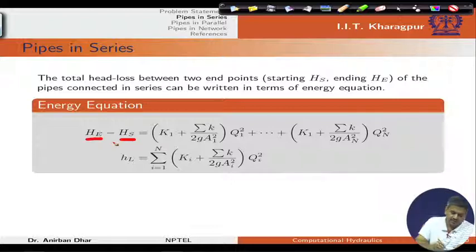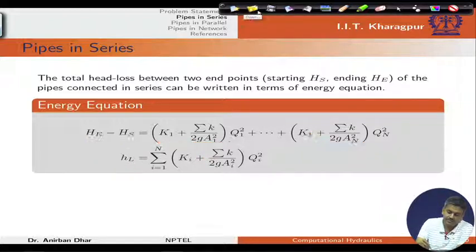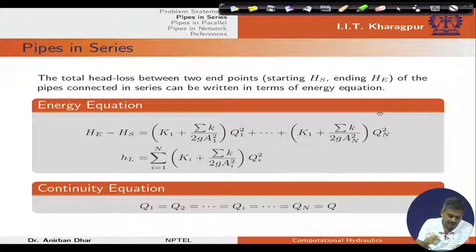In this case this is head loss in pipe 1, this is head loss in our pipe N. So, like that we can generalize this, and for pipes in series head loss between two endpoints can be calculated by adding the individual head losses. In this case the continuity equation is Q1 equals Q2 equals Qn, this is equal to Q.